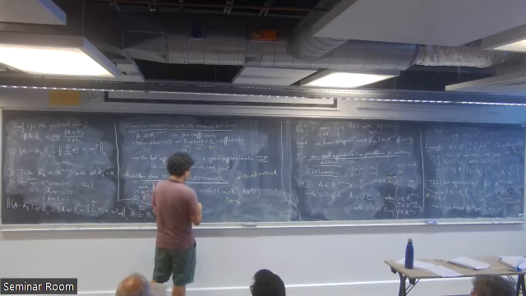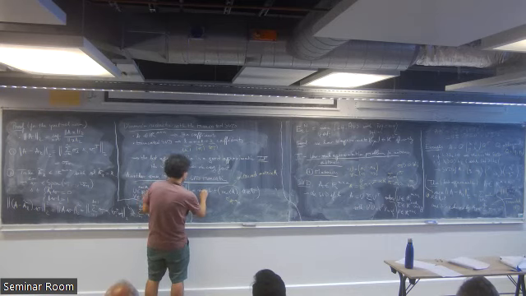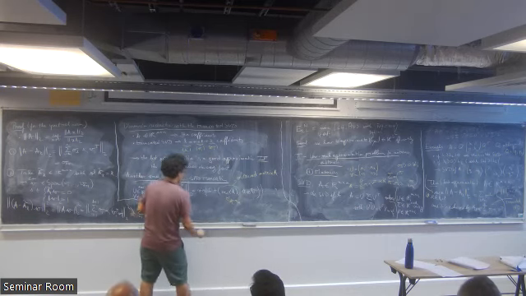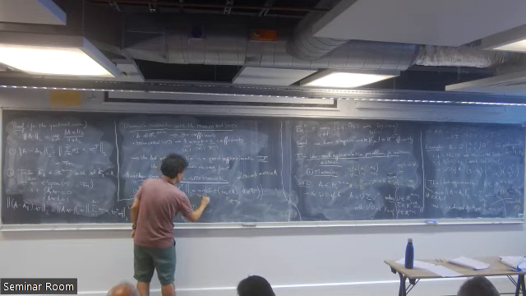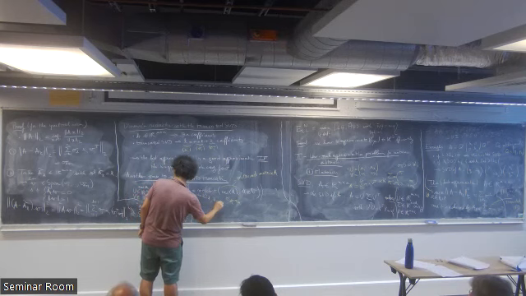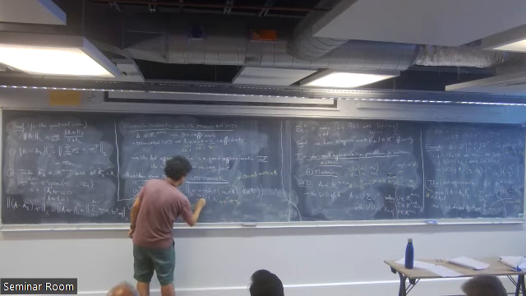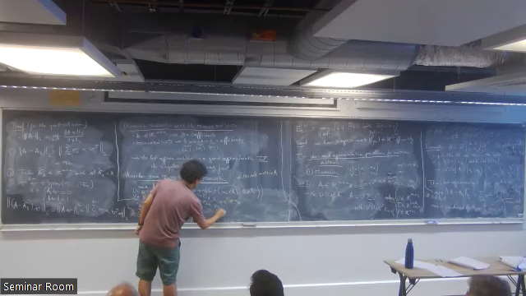So it's the minimum of the distance, where the dimension of script U is equal to k, and script U is a subspace of R^m, and the dimension of script V is equal to k, and script V is a subspace of R^n.